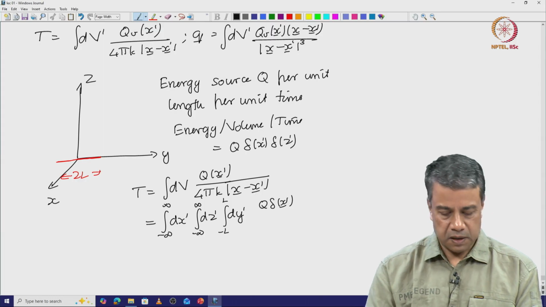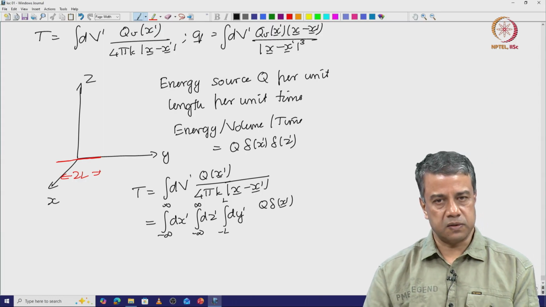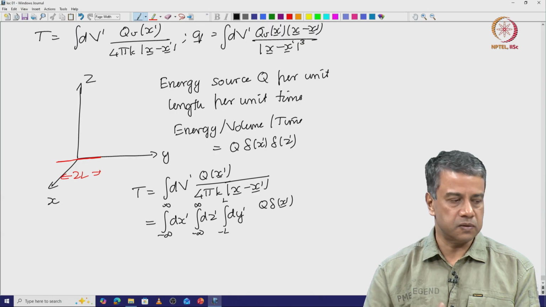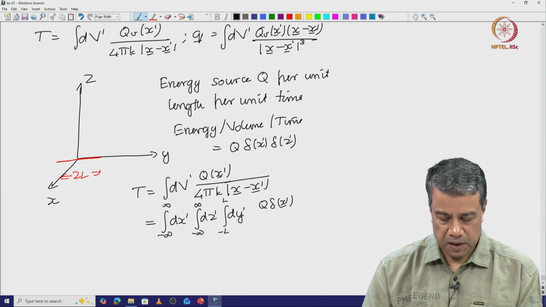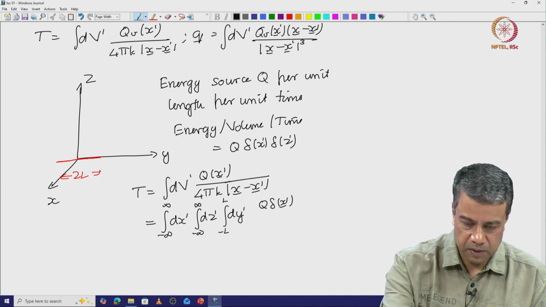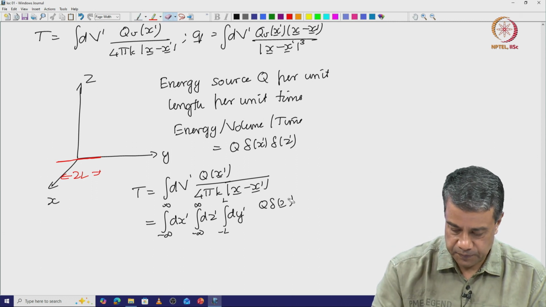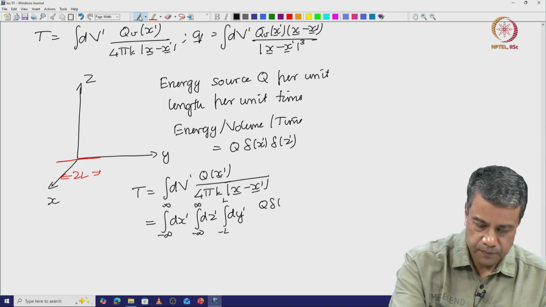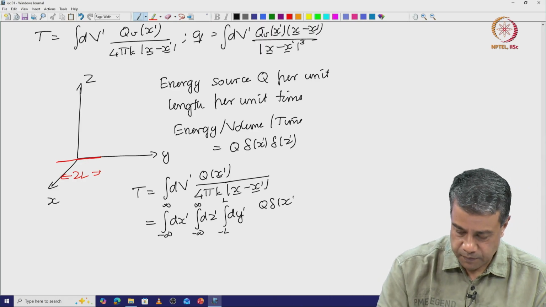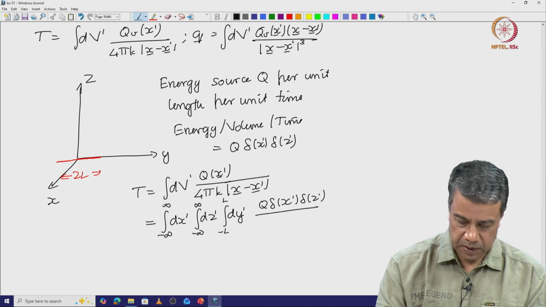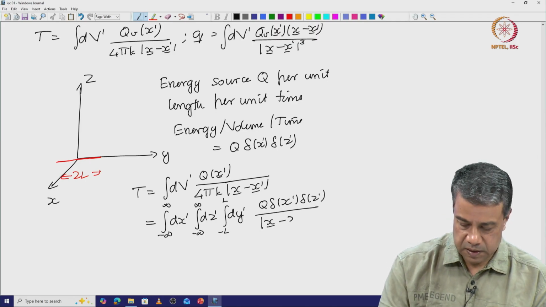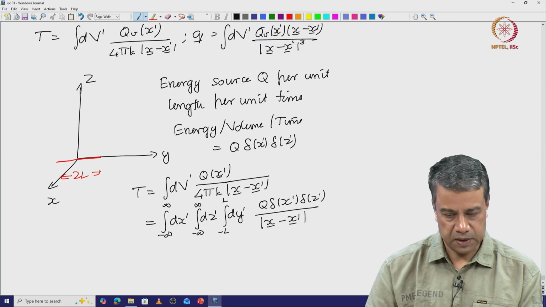This is dV prime, the integration over the source location. So, dx prime, dz prime, and then dy prime between minus L and plus L, delta of z prime by x minus x prime.